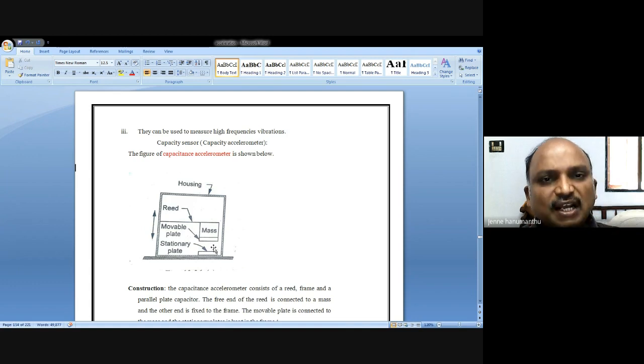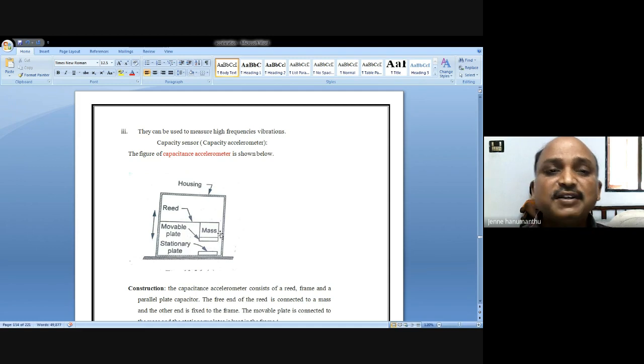If you apply any unknown acceleration, the movable plate will move down or up because of the reeds, which provide damping, either toward the stationary plate or away from it.